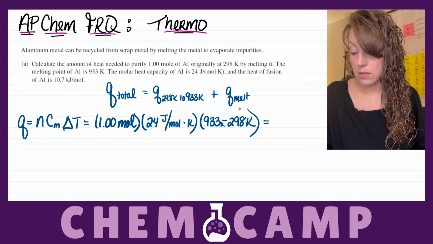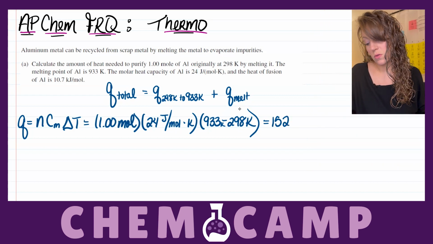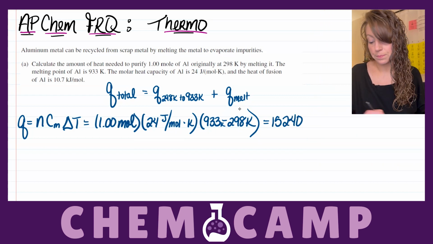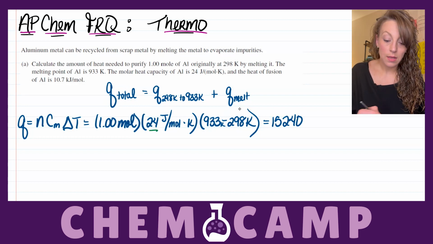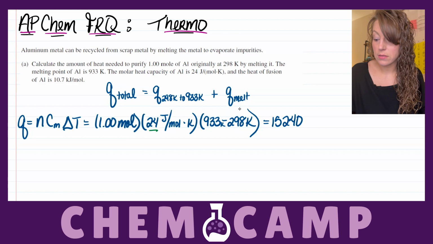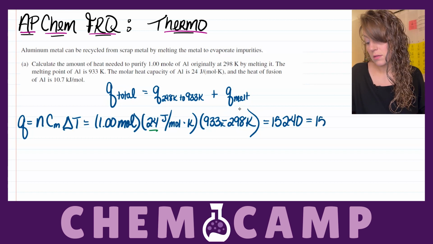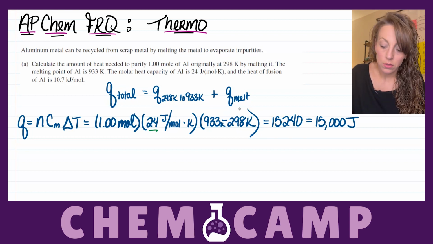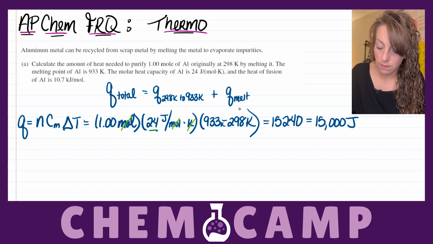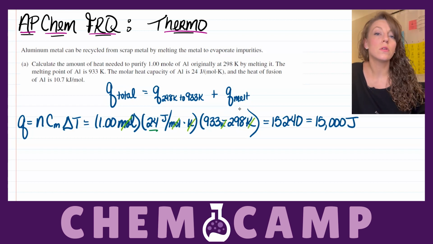That gives us an answer of 15,240. However, we only have 2 sig figs in that molar heat capacity, so we're going to have to round our answer to 15,000 joules. Joules, because your moles are going to cancel, your kelvins are going to cancel, and you're left with the unit joule.